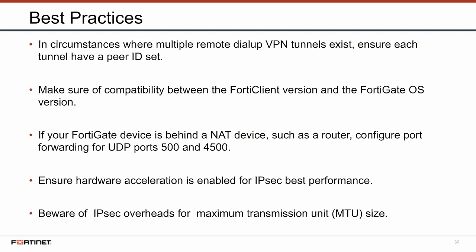A 1500 byte MTU is going to exceed the overhead of the ESP header, including the additional IP header and so on. The FortiGate sets an IPsec tunnel maximum transmission unit, MTU, of 1436 for 3DES SHA1 and an MTU of 1412 for AES128 SHA1.